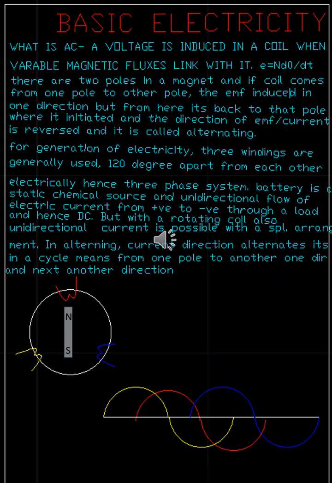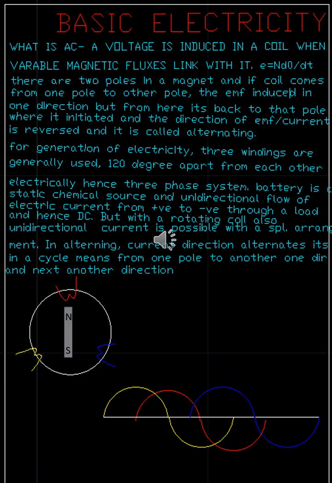If you complete the circuit with a load, the direction of current will be one direction. But if you again move the south pole from that end, after rotation, it will come to the original position, then the direction of current in the load will be changed.